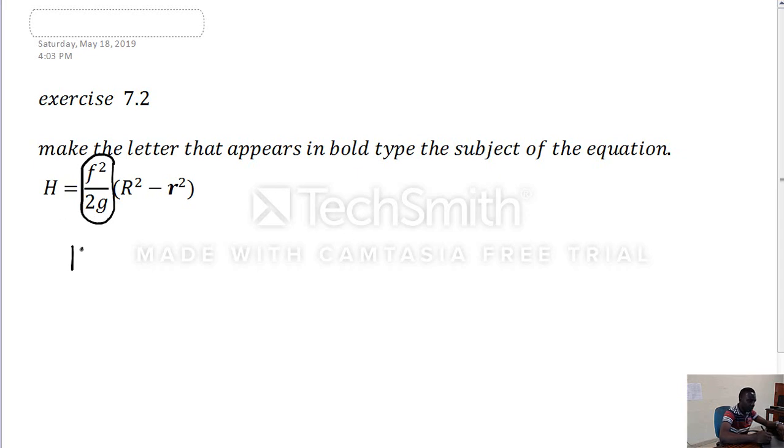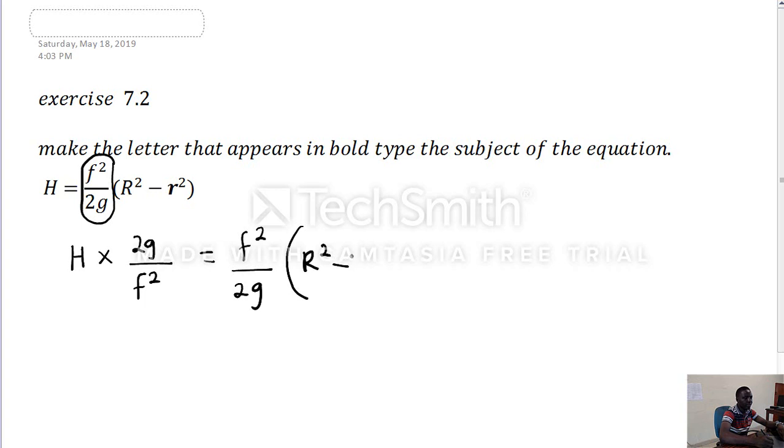That will be h times 2g divided by f squared is equal to f squared divided by 2g, bracket capital R squared minus small r squared, multiplying 2g over f squared.